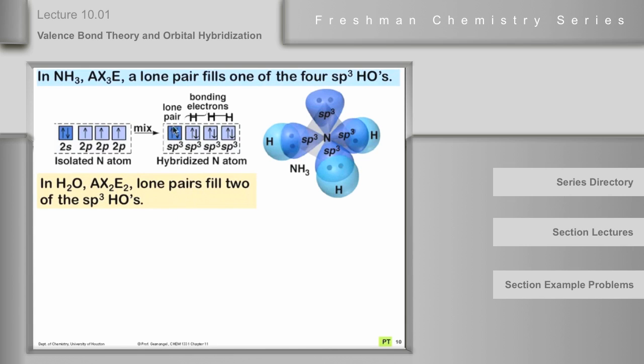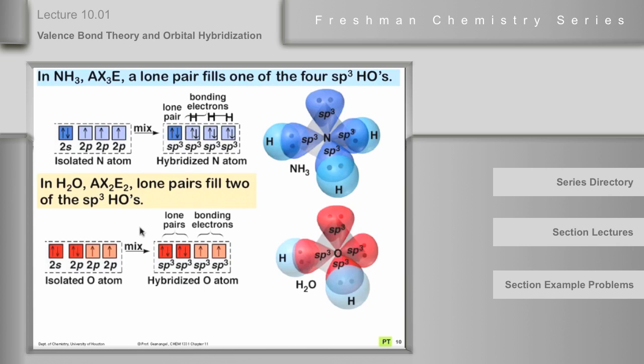Up here we had a lone pair filling 1. Now we're going to take the same 4 sp3 hybrids built on an oxygen atom, which is described over here, and 2 lone pairs will occupy hybrid orbitals, and then the last 2 electrons out of the 6 will be spin paired in the other 2 sp3 hybrids.